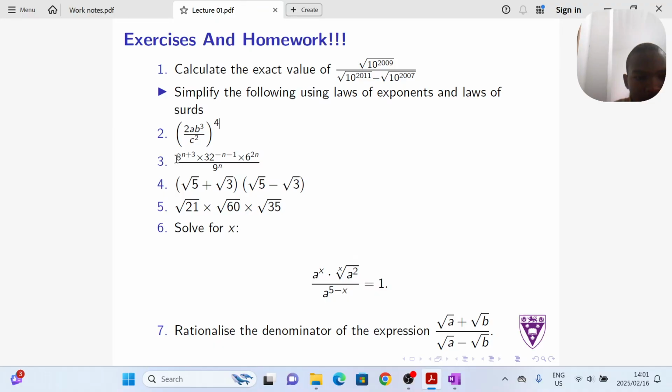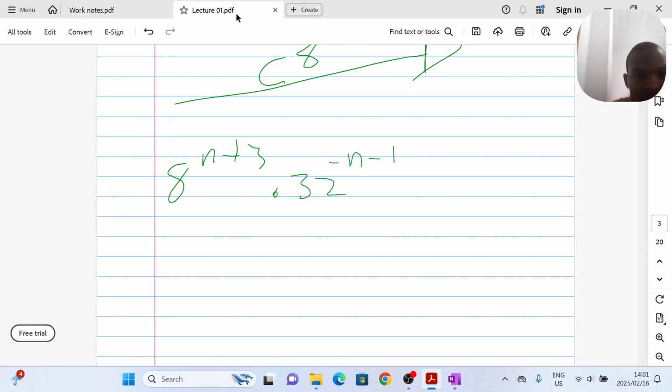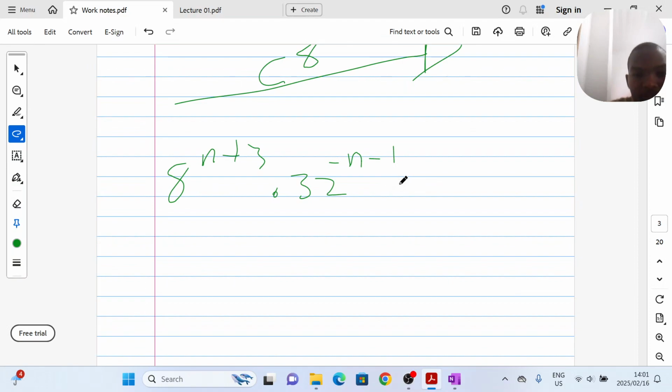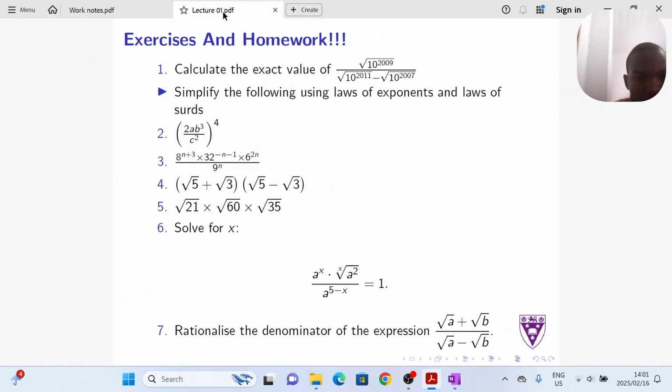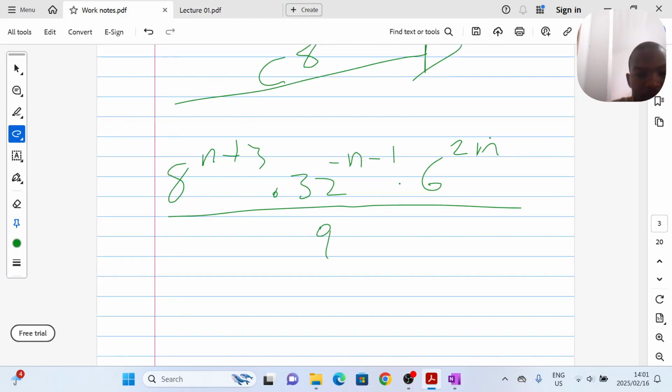So we have 8 to the power n plus 3 times 32 to the power minus n minus 1, and then times 6 to the power 2n, all over 9 to the power n.